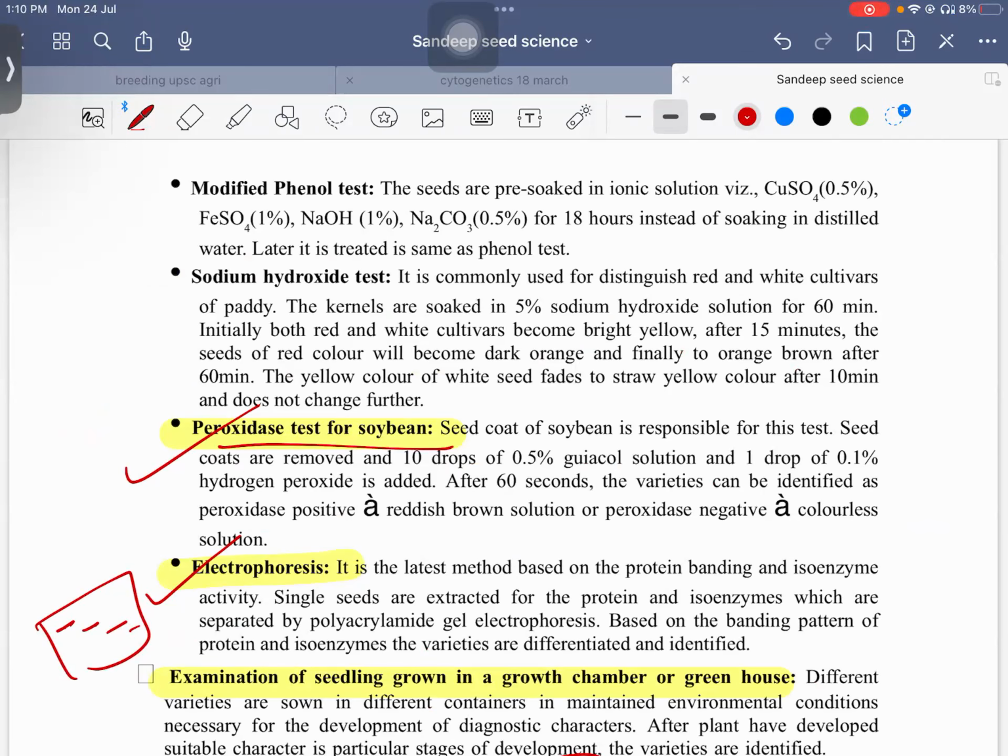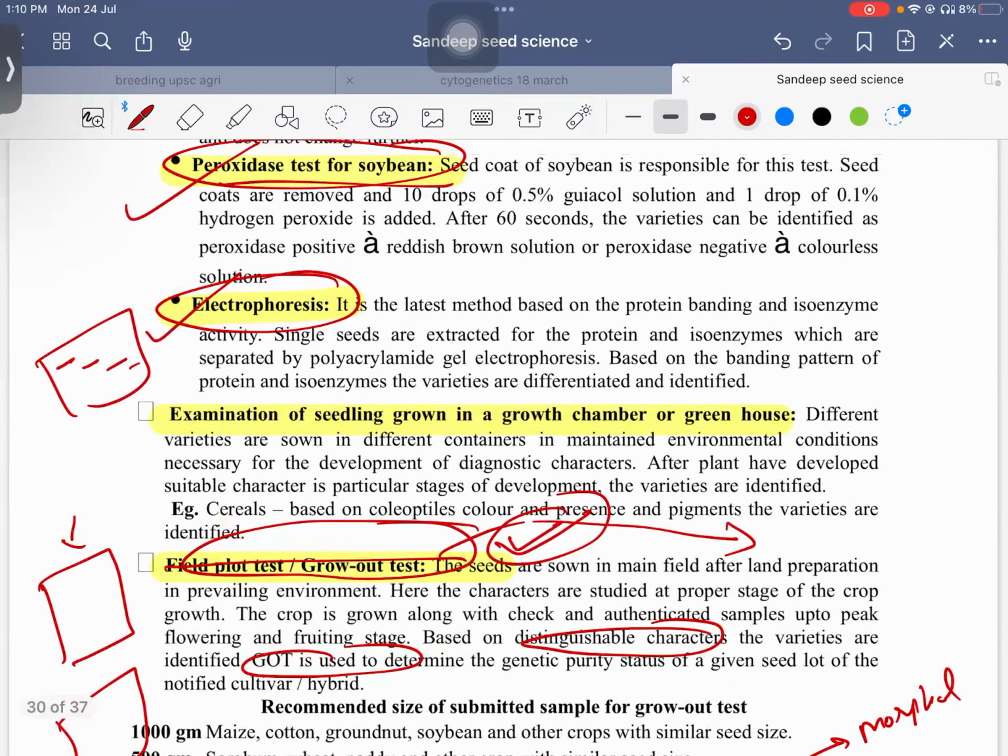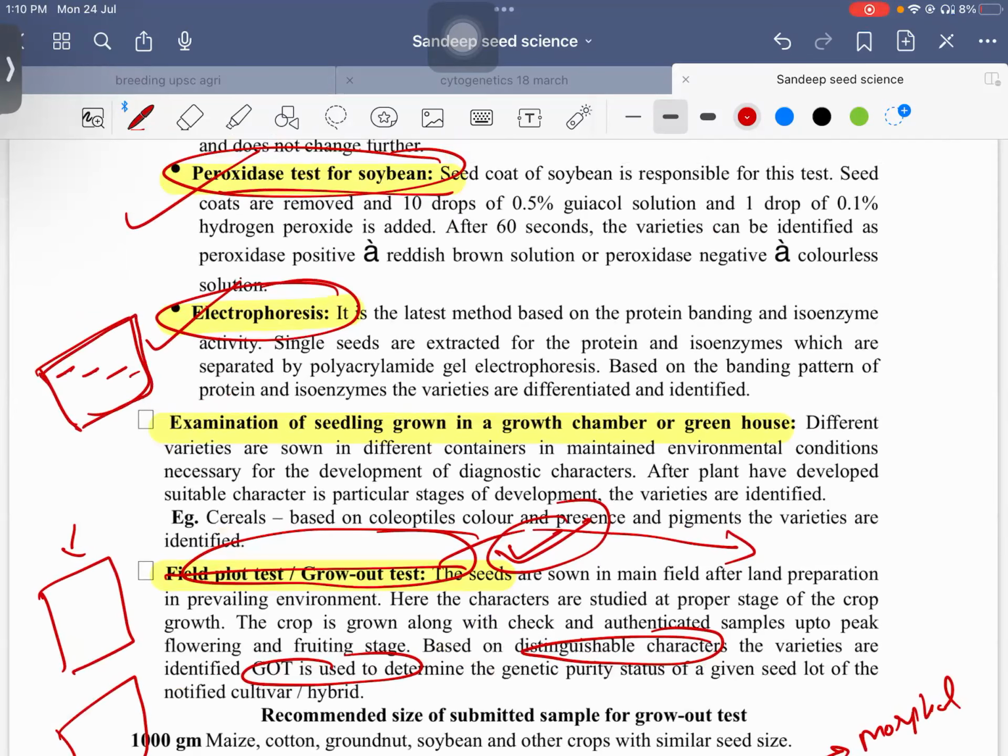Everything is similar; you can just learn the names by heart, like the sodium hydroxide test, which I think we usually use in wheat. Electrophoresis is a molecular tool: we use molecular techniques and then run them on a gel, and based on the banding pattern, we are able to differentiate.